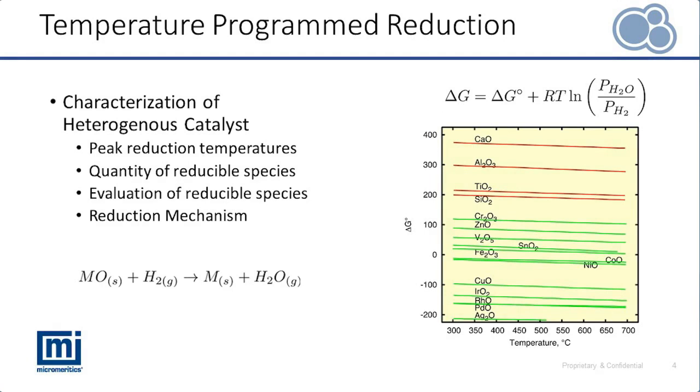At high enough temperatures, a positive standard free energy change can be negated by the second term, or the gas constant times the temperature times the natural log of the partial pressures of water to hydrogen. The figure on the right has the standard state free energy of metal oxides. The ones in green are metal oxides that are reducible, even with a positive standard free energy change, such as chromia and zinc oxide.